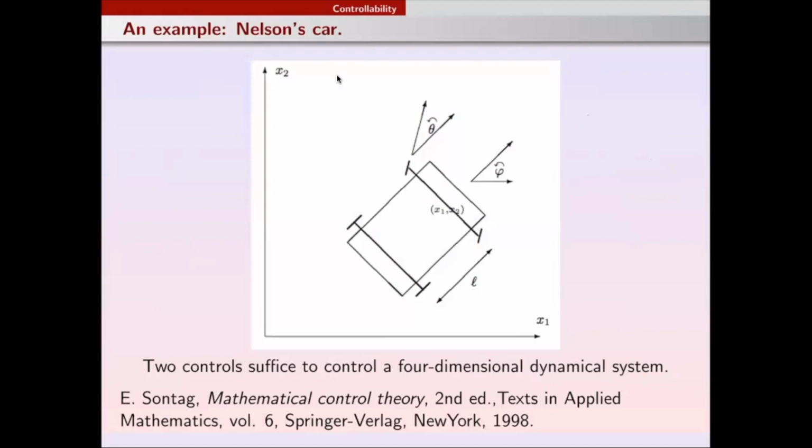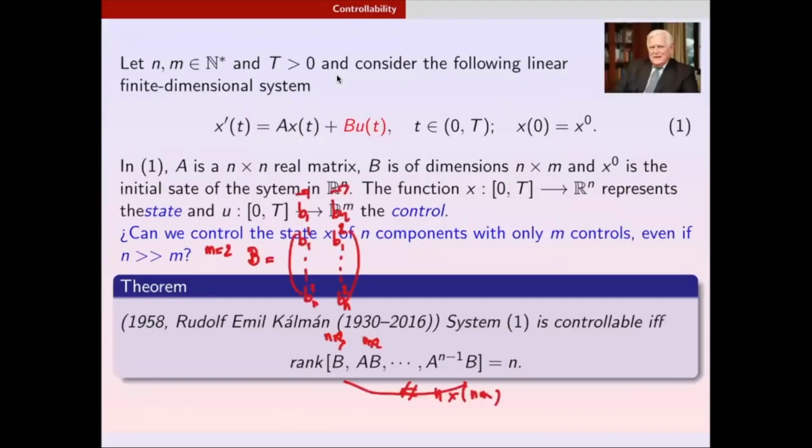Why is that? Well, because there are many ways of controlling a system when the system is controllable, right? If you are smart, you will do it very simply, or maybe you will do it in a more complicated manner. But this is because when a system is controllable, there are many ways of controlling it.